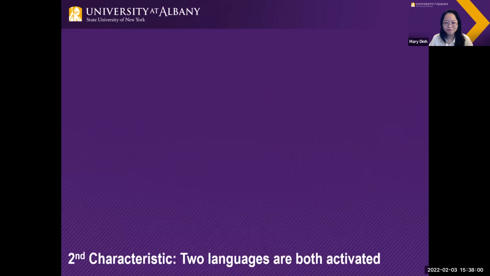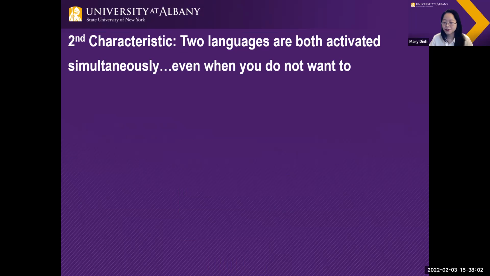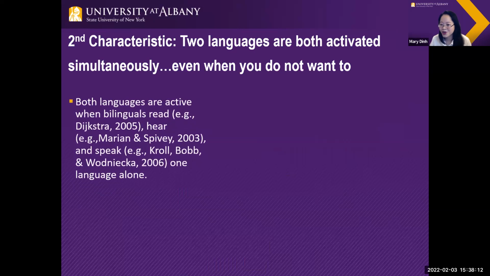Yeah. So the second characteristic that we have to understand about bilingual writers is that two languages are both activated simultaneously, even when you do not want them to be. From a neurology perspective, both languages are active when a bilingual reads, hears, and speaks one language alone.